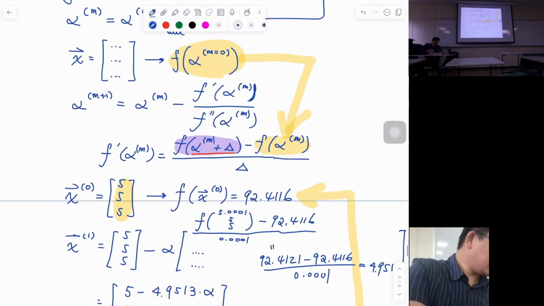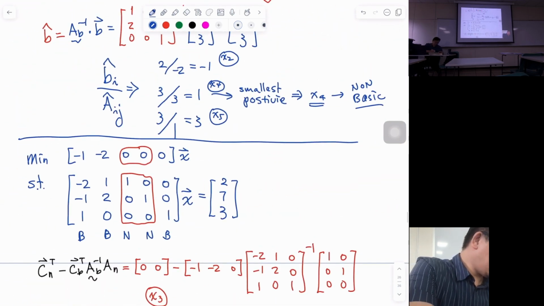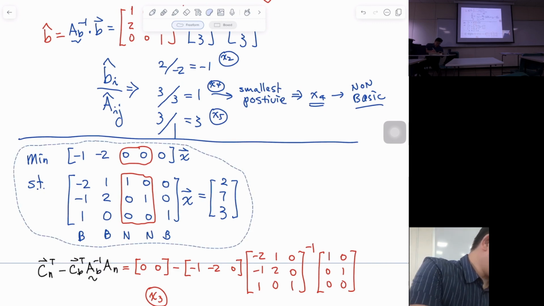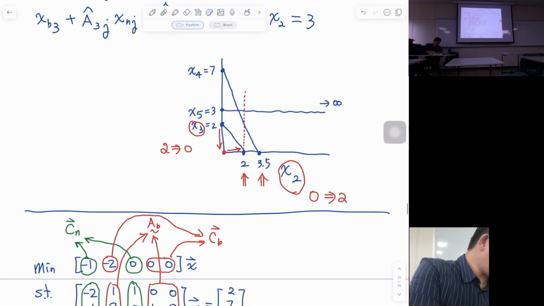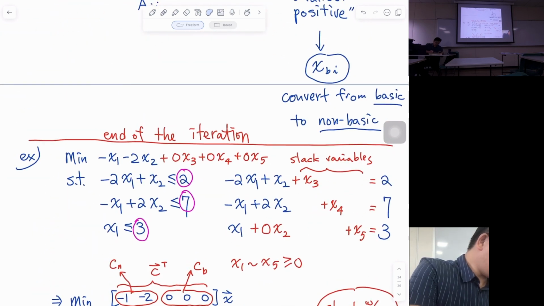Let's try to find this particular problem. Actually, let's try the real original problem. Original problem, this one.